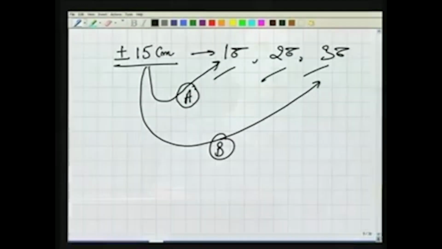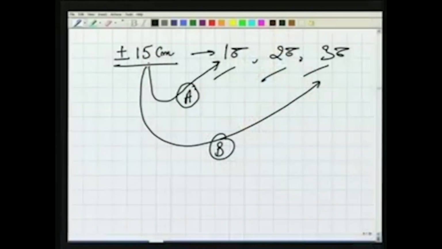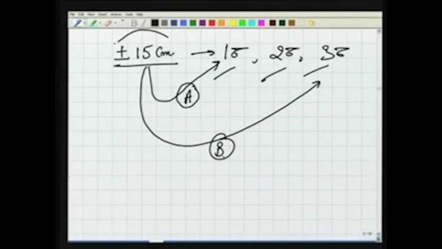Manufacturer A says that his instrument can give this accuracy at 1 sigma, while manufacturer B says that at 3 sigma he can give the same accuracy. What is the meaning? Which one is more accurate? You will go for the instrument in which this accuracy is available in more number of observations, which is here.